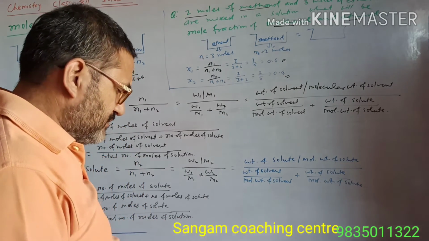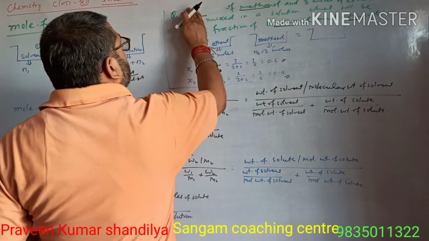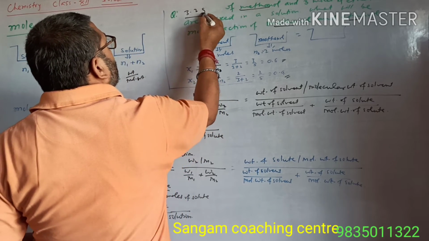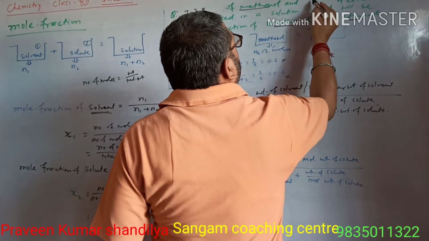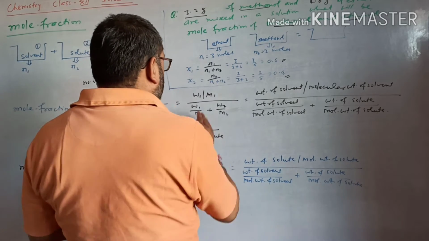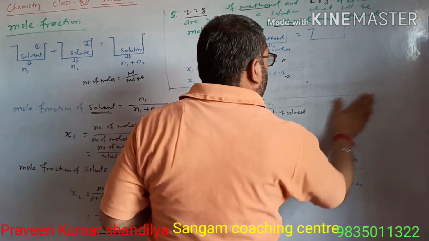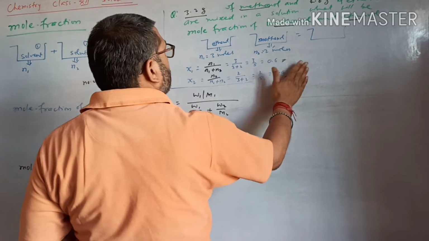How easy. We take another question: 3.2 gram of methanol and 4.6 gram of ethanol. How can we calculate this?